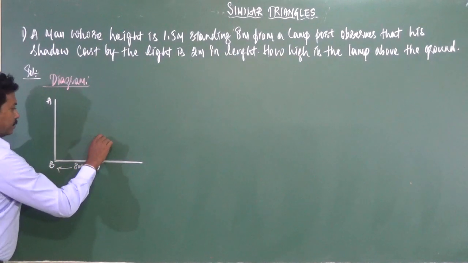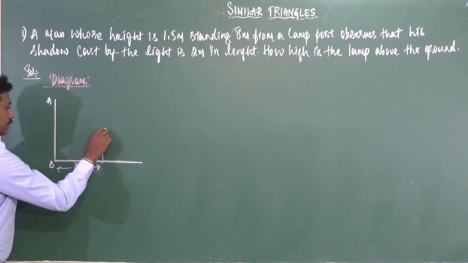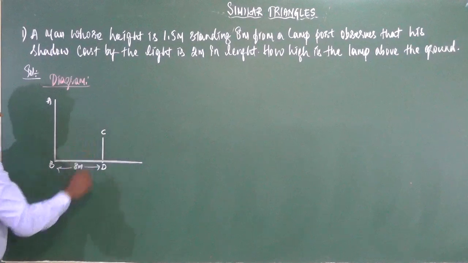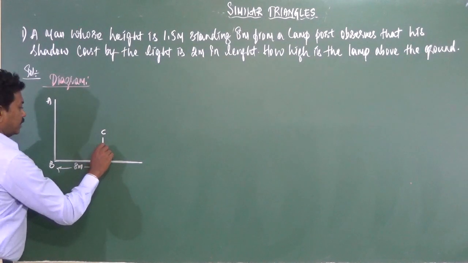Now imagine the person who is standing here, 8 meters away. This is the person. Let us take him as CD. Let CD be the height of the person, so the height of the person is 1.5 meters.